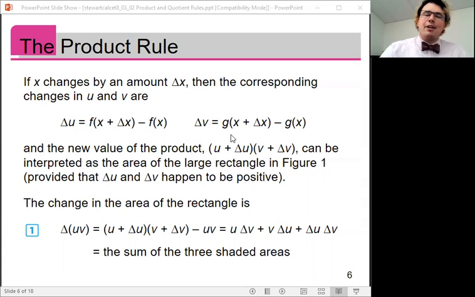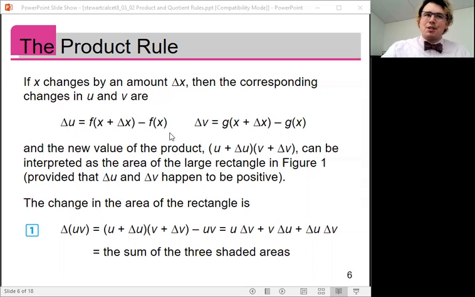So if I want to calculate a small change in the value of f of x times g of x, well, I'm supposed to have some finite amount that I move my x coordinate. We call that delta x.